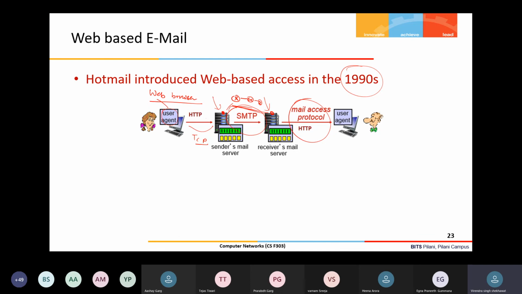SMTP transfers the message in ASCII 7-bit format, which is good for normal, simple text based messages. At that time people thought that simple text based one line, two line, few line messages would be sent, so this format was okay for that.